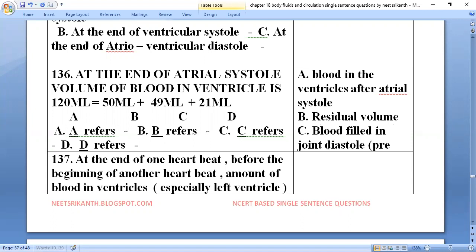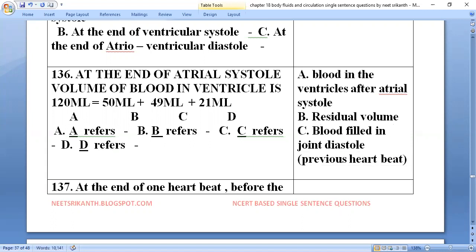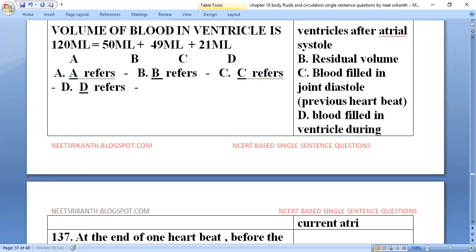Then D, where we are talking about 21 ml. That is the blood filled in the ventricle during the current atrial systole.